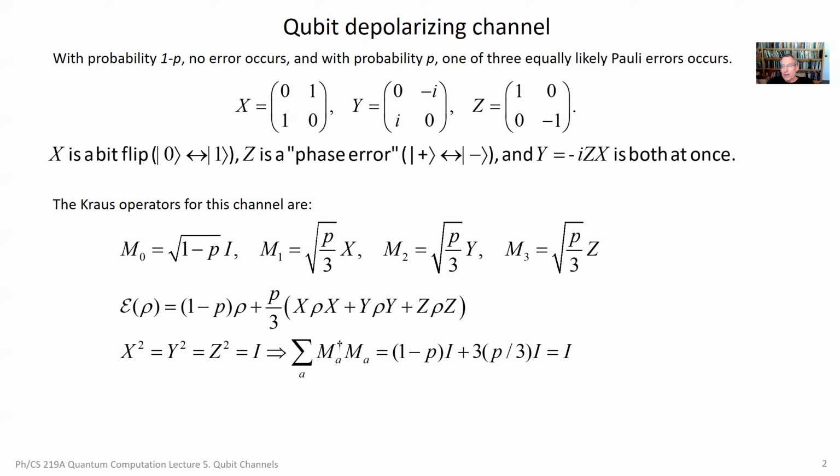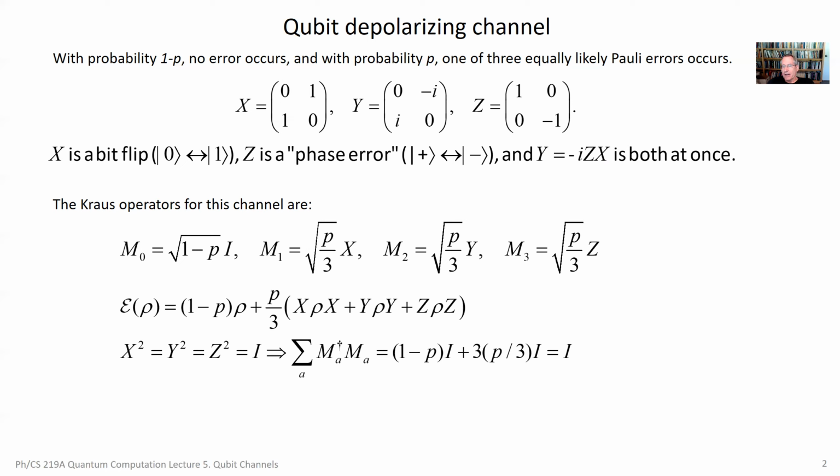And then for our three other Kraus operators, which do correspond to errors that affect the qubit, they are respectively proportional to Pauli operators X, Y, and Z, and all have a coefficient which is the square root of the probability of that error, which in this case is the square root of p over 3.